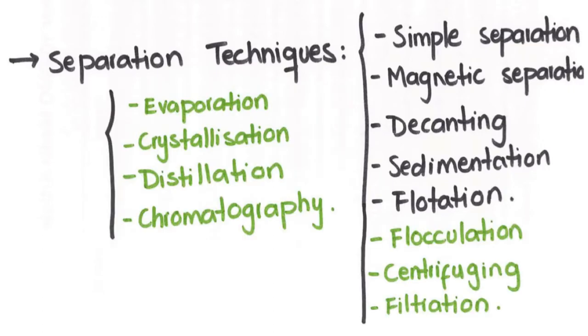And the other ones that we're going to cover later on are flocculation, centrifuging, filtration, evaporation, crystallization, distillation, and chromatography. Remember that we did a demo on distillation, so you already should have that diagram in your notes.